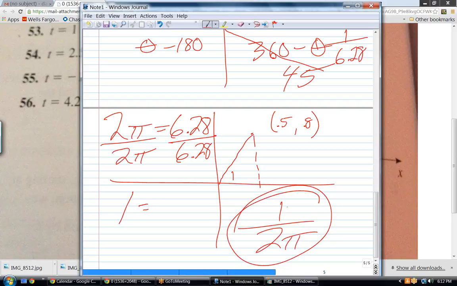If we convert that to degrees, what do we use? We use pi over 180, which gives us 0.017.